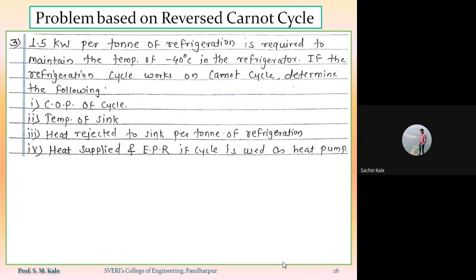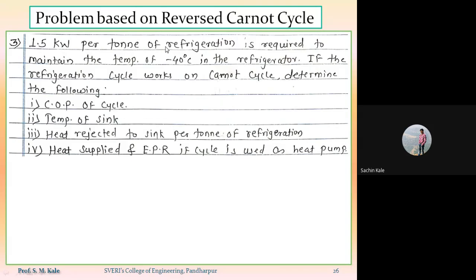So 1.5 kilowatt per ton of refrigeration is required. That means 1.5 kilowatt of work is supplied, because kilowatt is always the unit of work done on the system. So 1.5 kilowatt of work is required to obtain 1 ton of refrigeration.